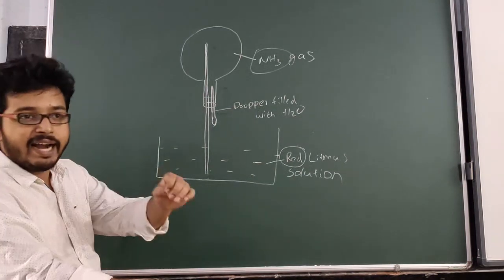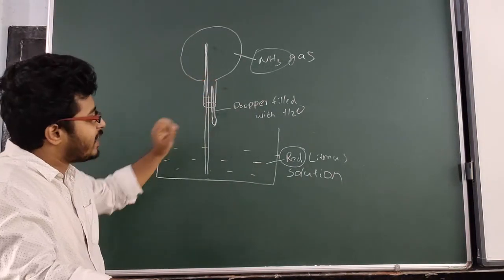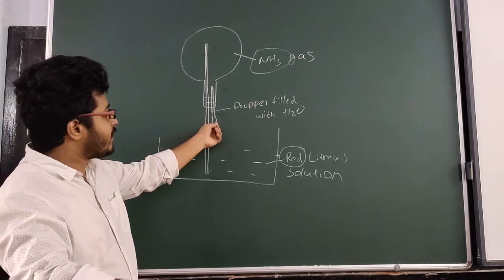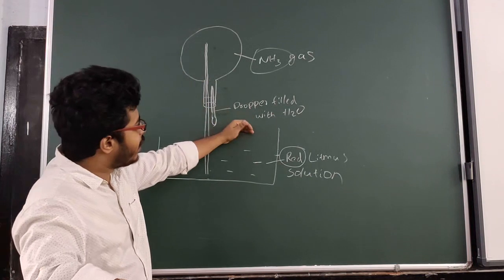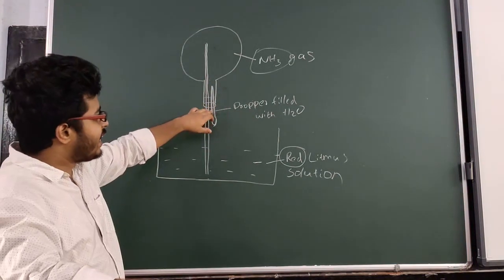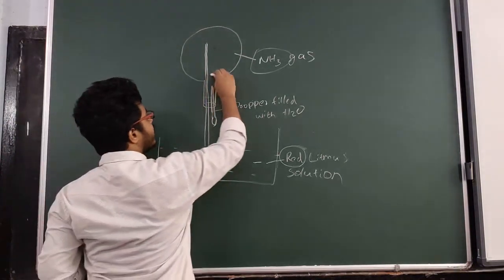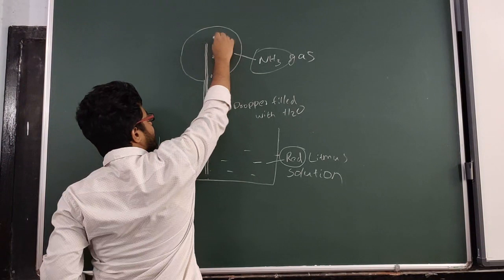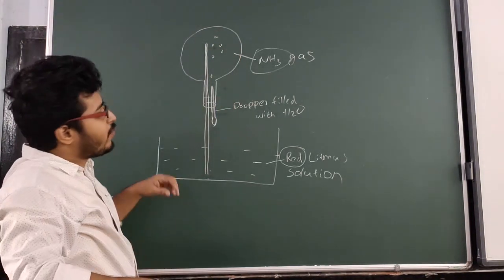Now, after arranging all the setup, the next step of the experiment is to press the bottom of the dropper. This dropper is filled with water. When it is pressed, all the water inside the dropper comes out as droplets inside the round bottom flask.